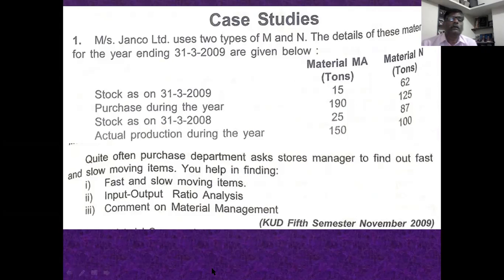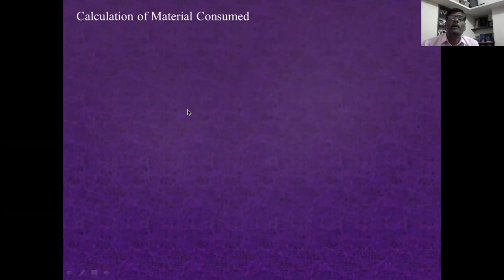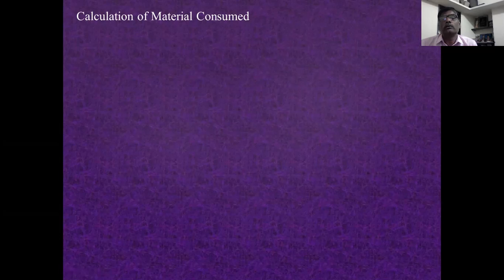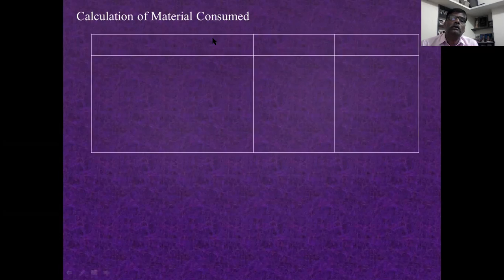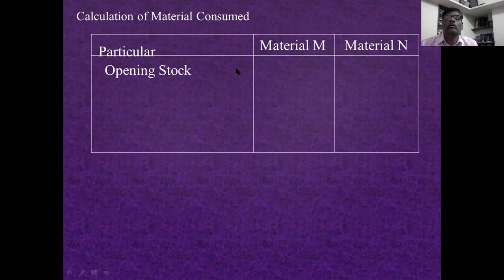You see here. The first requirement is material consumed. Material consumed is calculated as opening stock plus purchase minus closing stock. You see here, particular material M, material N. Opening stock of M, N, and purchases are 190, 225.